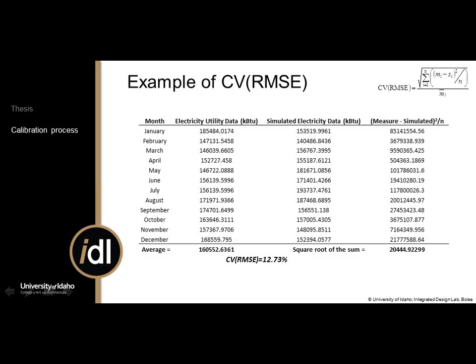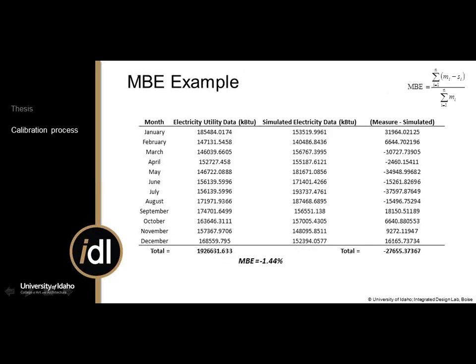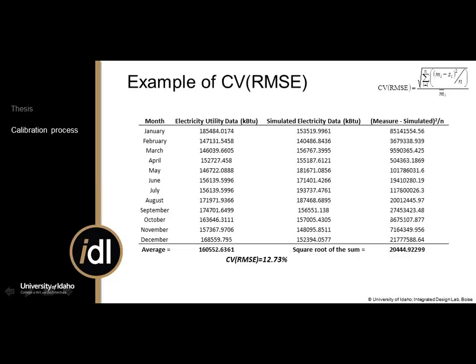You first get the same error, square it, and then divide it by the total number of data points, which is 12 points in our case. So you get the sum of all the differences between the utility and the simulated, square root it, and then divide it by the average, instead of the sum, of the utility data.